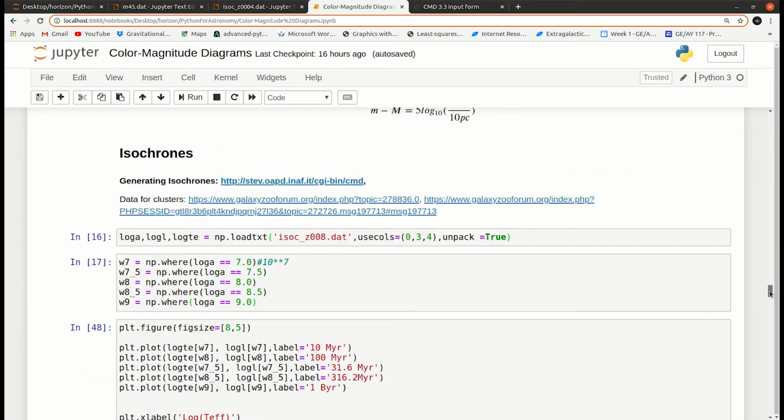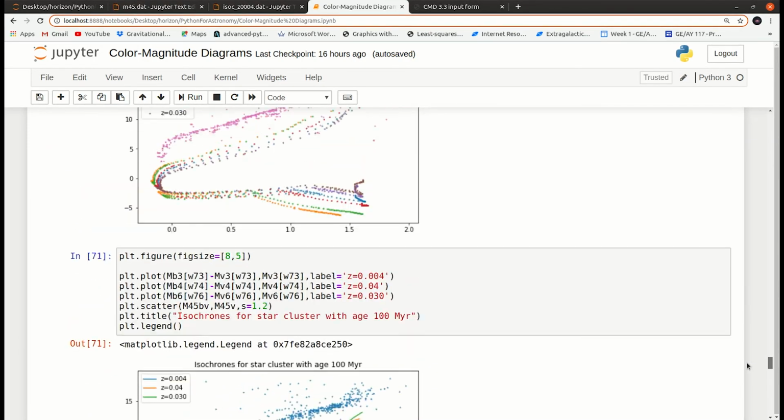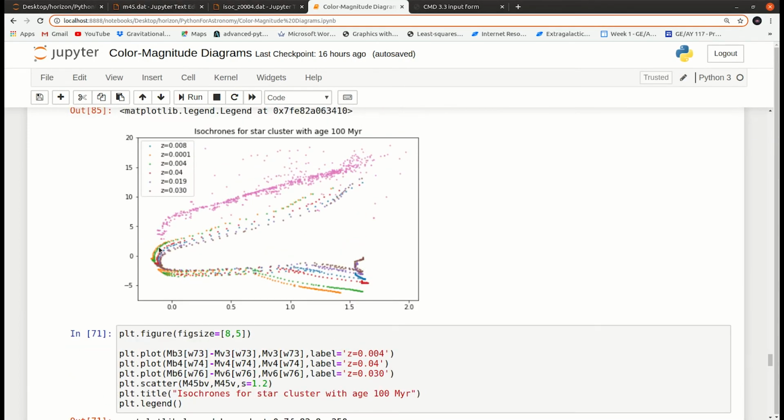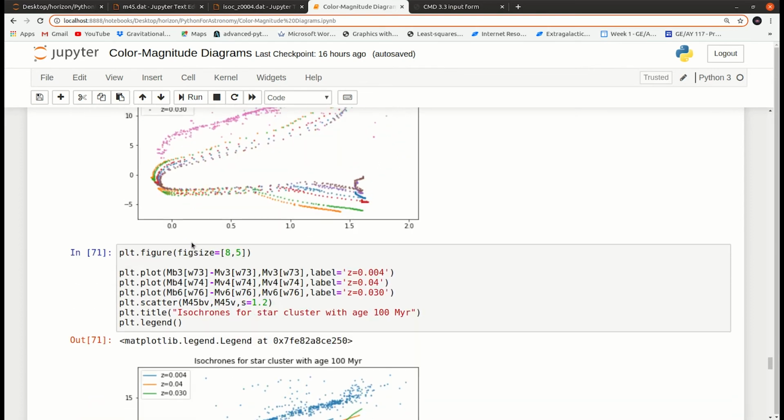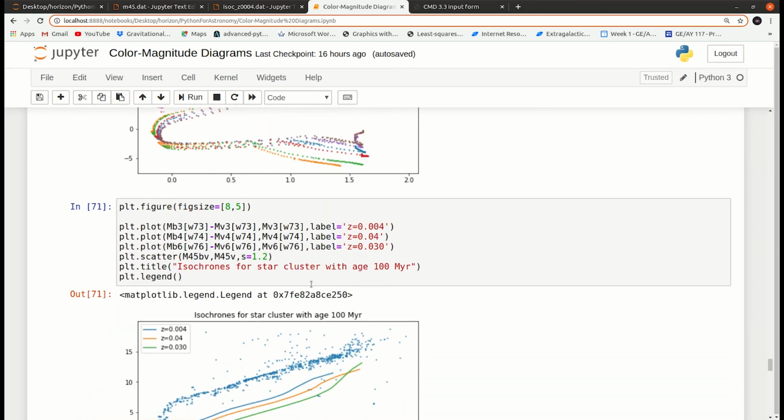So the distance modulus is nothing but a shift in the isochrones, or a shift in the color magnitude diagram. Keep in mind, these are the capital M's and this is a small m. The absolute value of this shift will give you the distance to the star cluster, which we'll find out soon.